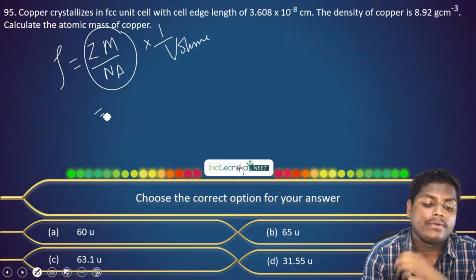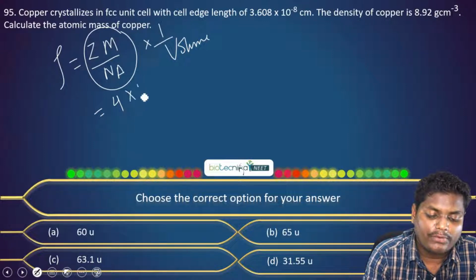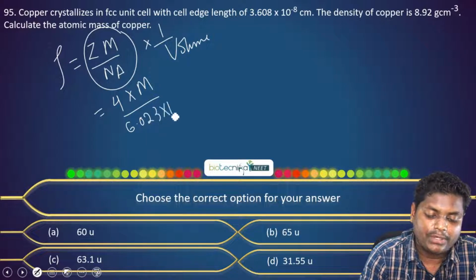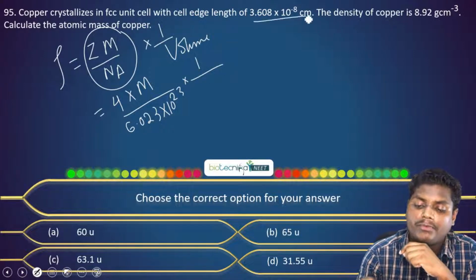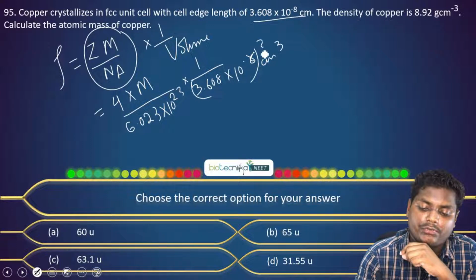So Z m, just plug in the values. Z is 4. M we want to find. Avogadro number is 6.023 into 10 to the power 23 into volume. So what is the volume from here? We can get 3.608 into 10 to the power minus 8 centimeter, and we need to cube this.